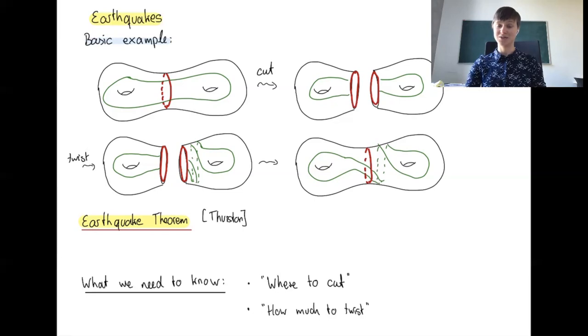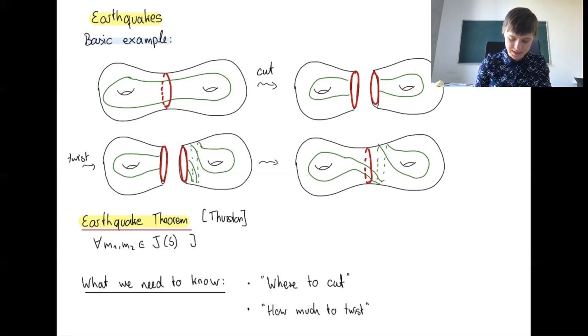Why are earthquakes interesting? Thurston showed the so-called earthquake theorem that says for any 2 points, M1, M2 in Teichmüller space, there exists a unique earthquake map sending M1 to M2.